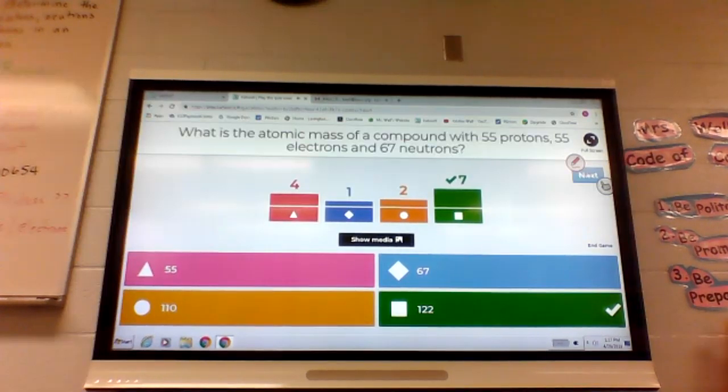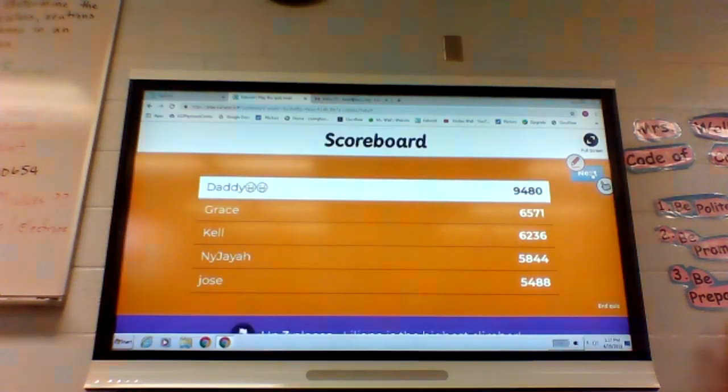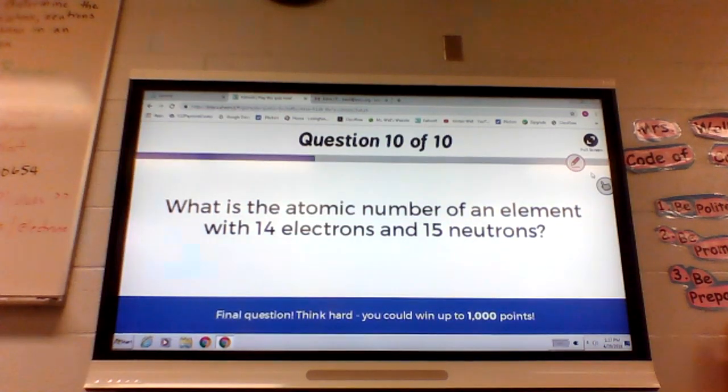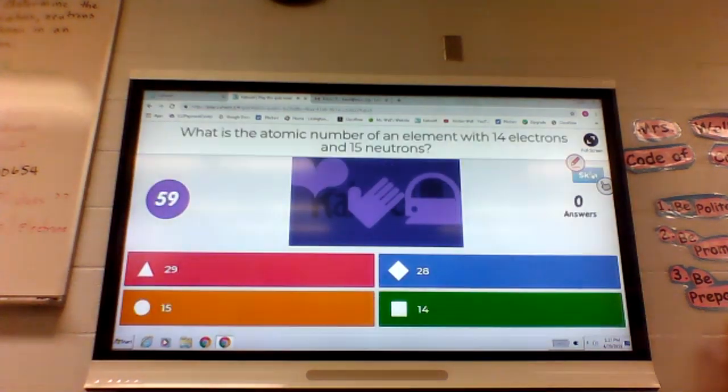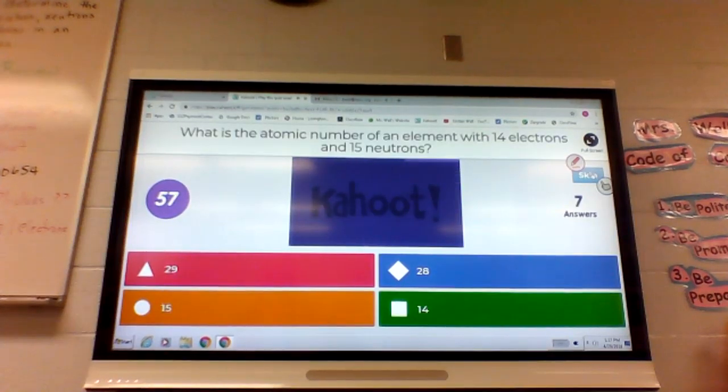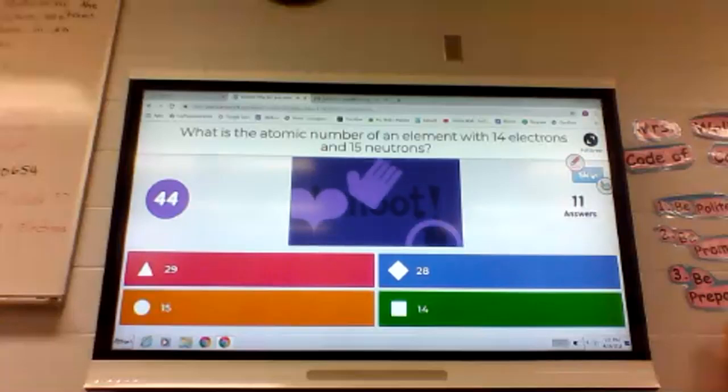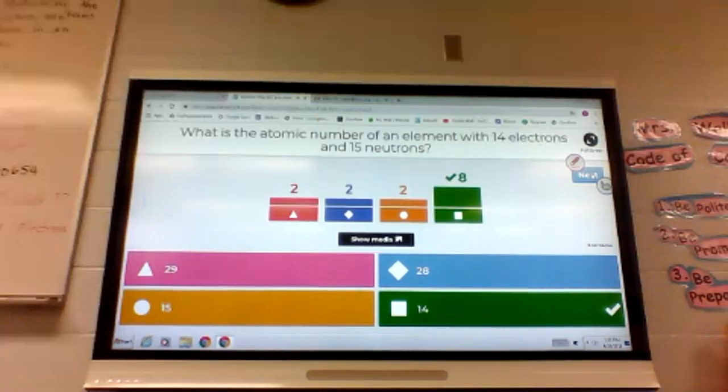What do we do to find mass? Add protons and neutrons. So 55 plus 67. All right, last question. What's the atomic number of an element with 14 electrons and 15 neutrons? Atomic number. Not terrible. All right, atomic numbers, electrons, or protons.